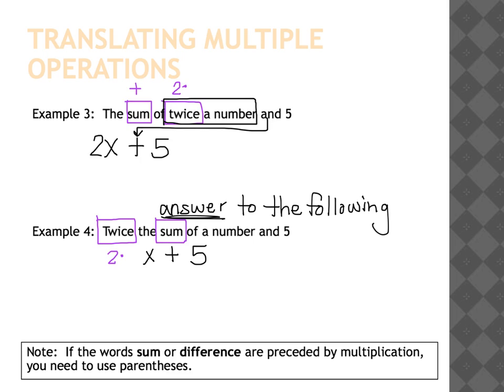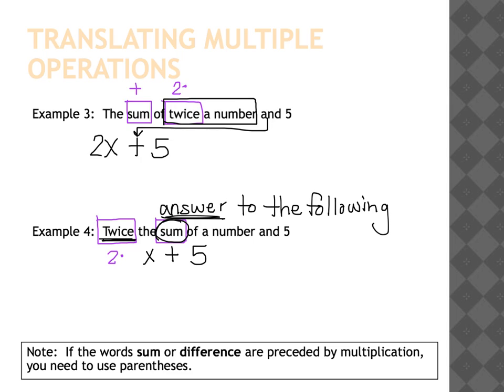So if you make note of the note on the bottom of this PowerPoint, you'll see it says, if the words sum or difference are preceded by a multiplication, you need to use parentheses. So we have the word sum, and preceded means in front of the word sum, you have a multiplication, twice meaning multiplication.